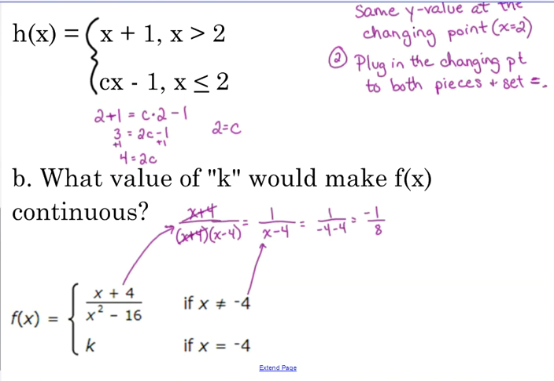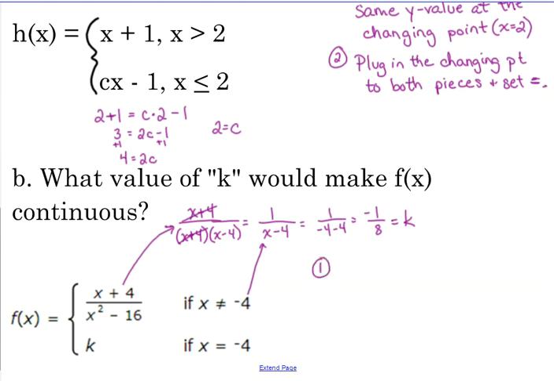That's what the y value would be if we didn't have a hole right there. So that's the y value that we need. That's the k down here that we need in order to make this continuous. That's going to plug that hole and make that a continuous, in this case, rational function curve. So our k value is -1/8.